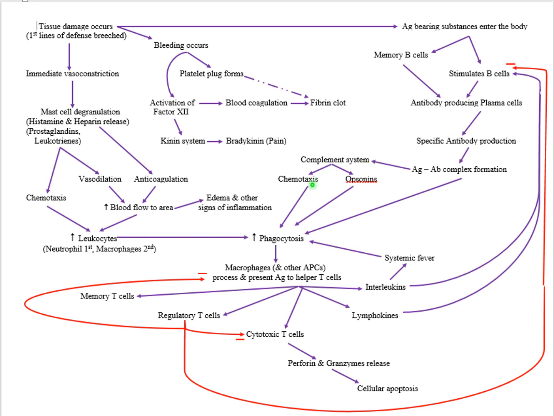That will cause chemotaxis, increasing phagocytosis. Production of opsonin proteins increases phagocytosis. As phagocytosis increases, even more antigen-presenting cells will process more of this antigen and present it to more T helper cells, which will just continue the cycle.